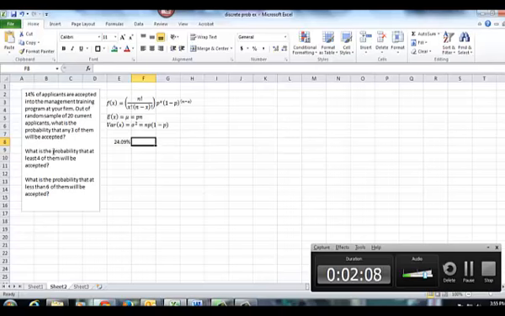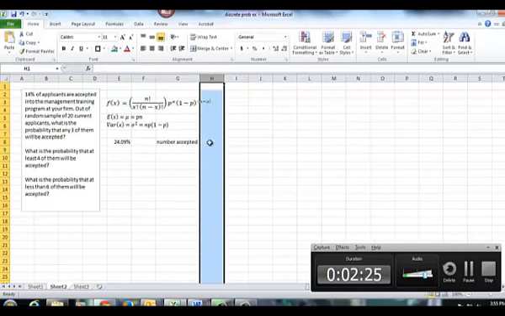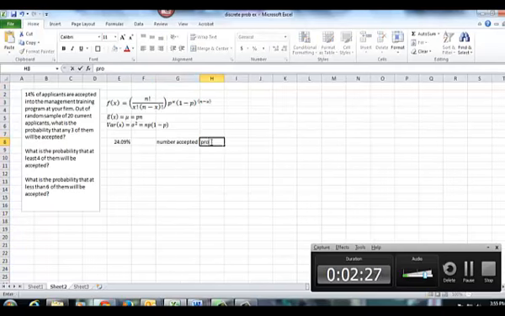Now it's asking, what is the probability that at least 3 will be accepted? I'm going to create a table in order to answer this. I don't know how many applicants there are in total.